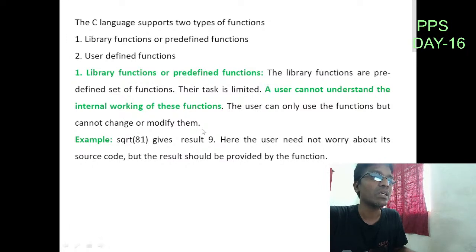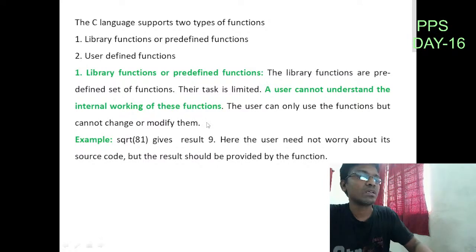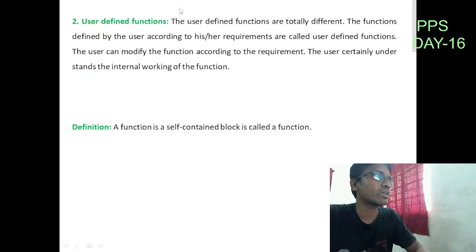Once you use that function, the user cannot understand the internal working of predefined library functions. Why? Because it is a predefined library function, so the user cannot develop that function. That's why the user cannot understand the internal working of predefined library functions. And the second one is user-defined functions.